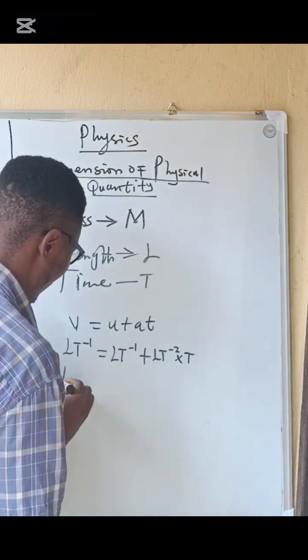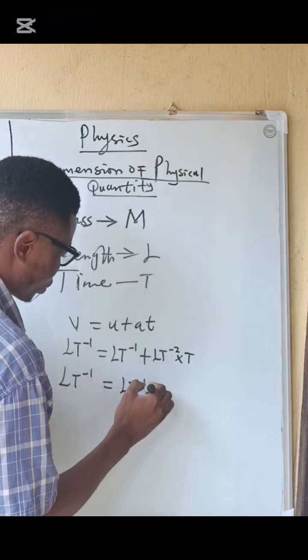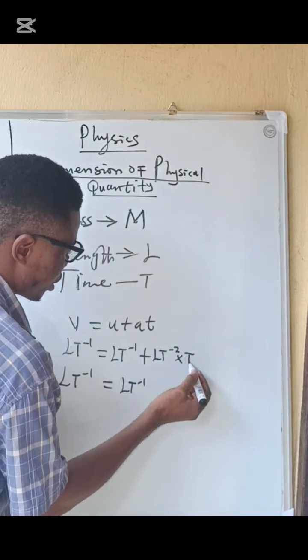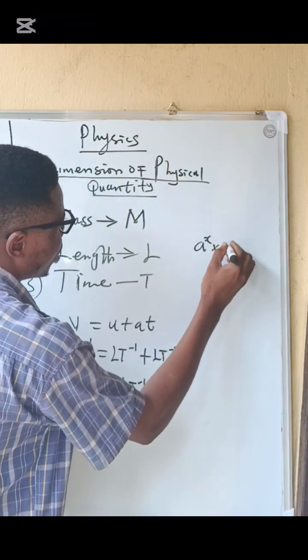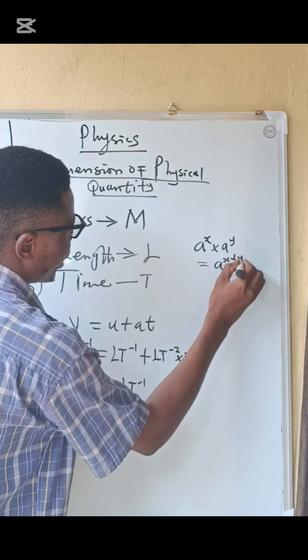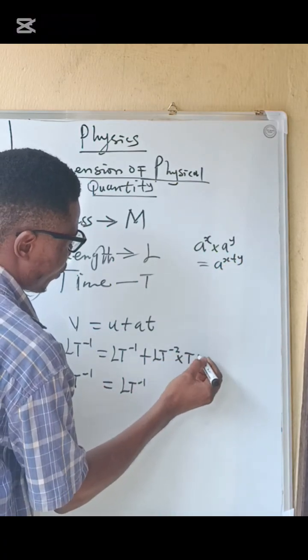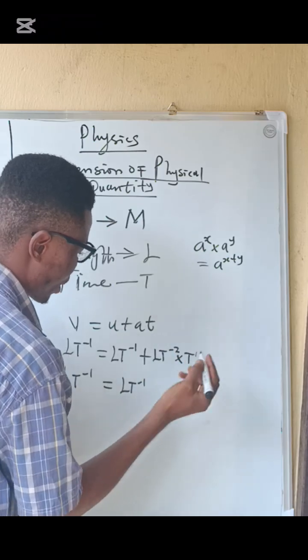So we are going to have LT minus 1 equals LT minus 1 plus LT minus 2 times T. Remember that this is T. Applying the law of indices, multiplication law, when the bases are the same, you add the power, so you have a to the x plus y. Apply that same thing here. The power of T here is 1. So minus 2 plus 1 is going to give you minus 1.